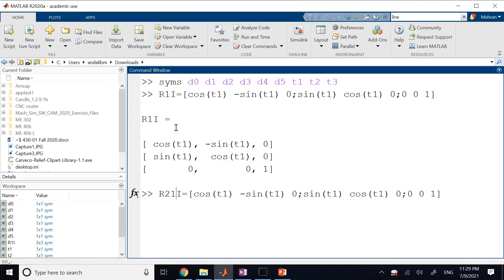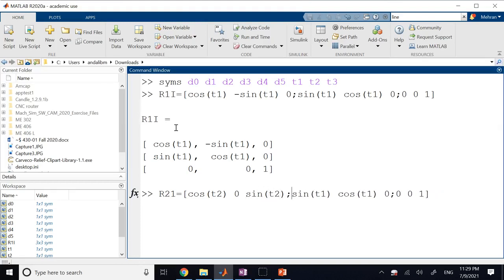That's perfectly right. The next one is a rotation of 2, 1, which is a rotation y with T2, and rotation y is like cosine of T2 followed by a 0 and sine of T2.